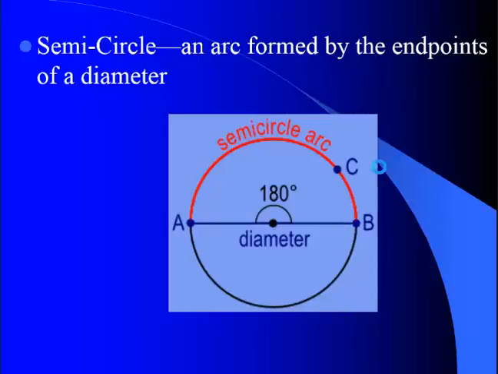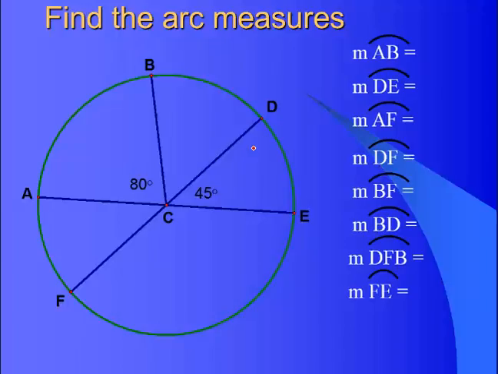Okay, so let's apply this newfound information and see if we can find the measures of all these different arcs within this circle if we're given these two angle measures. Let's see what we can figure out here. Okay, we want to know the measure of arc AB. Well, this arc AB is going to be the same as the central angle that forms it. So that's easy. That's 80. It has to be the central angle.